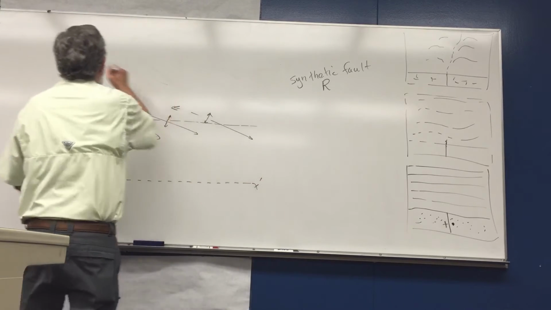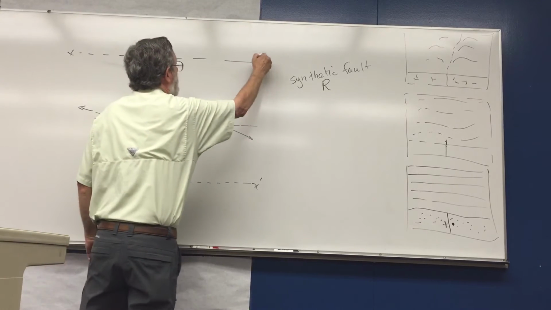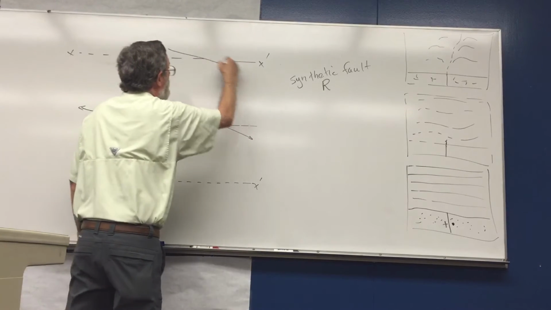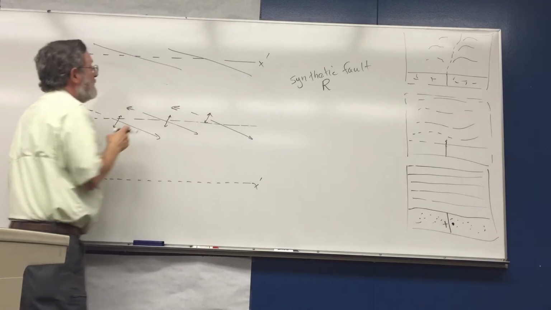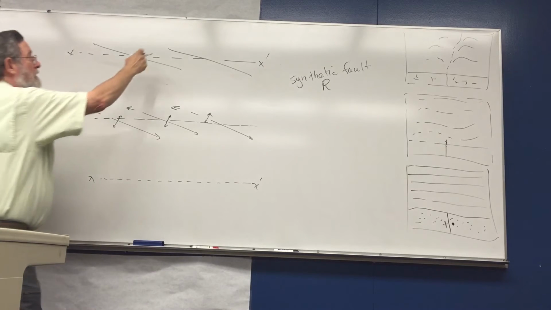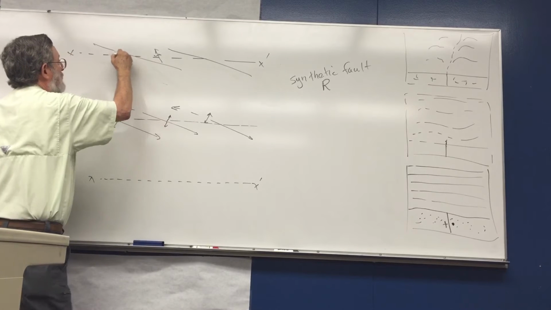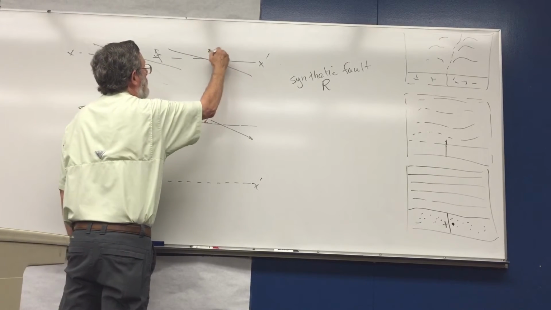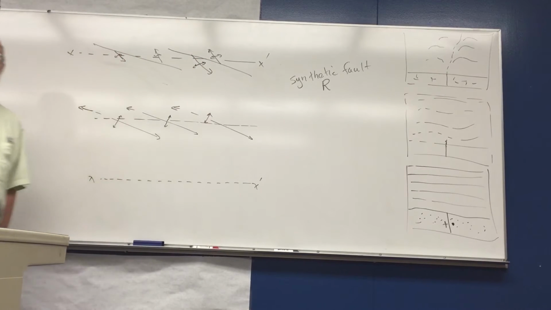Let's go back. Here's X prime. We're going to throw in our low angle faults here. And since they're being offset in a right lateral sense, this thing's going to move this way, this thing will tend to move that way. Okay? They will have a right lateral sense of displacement from here.